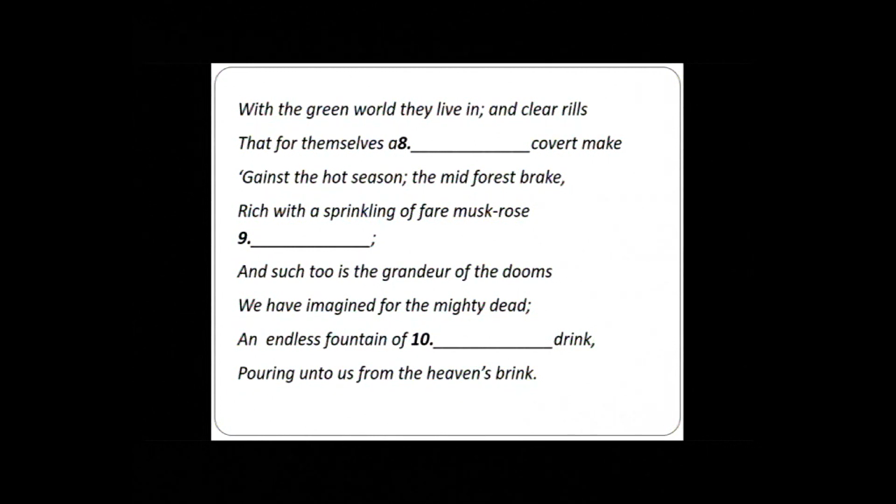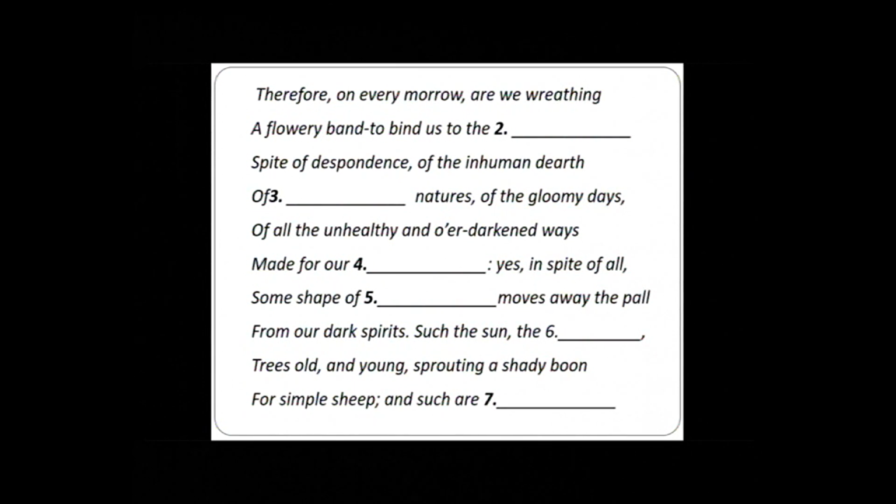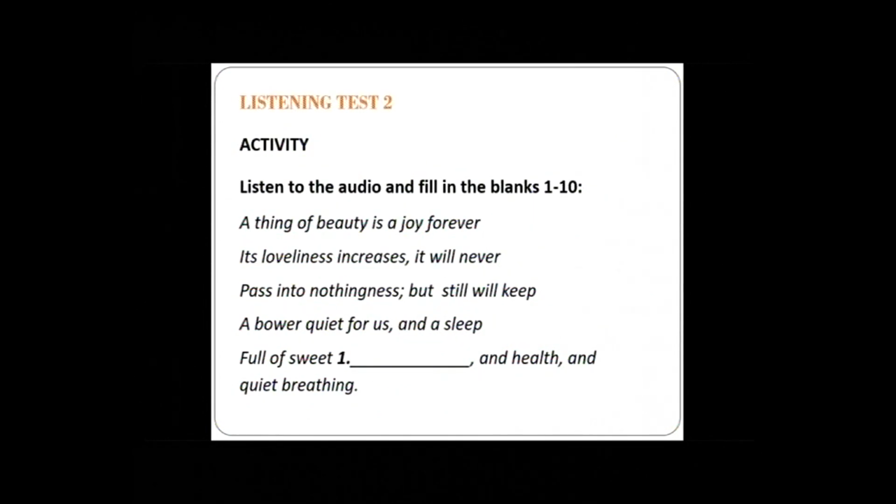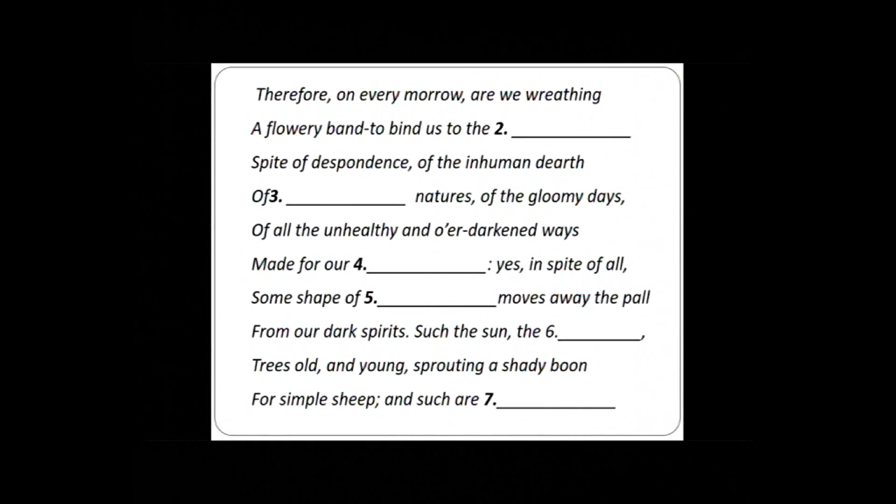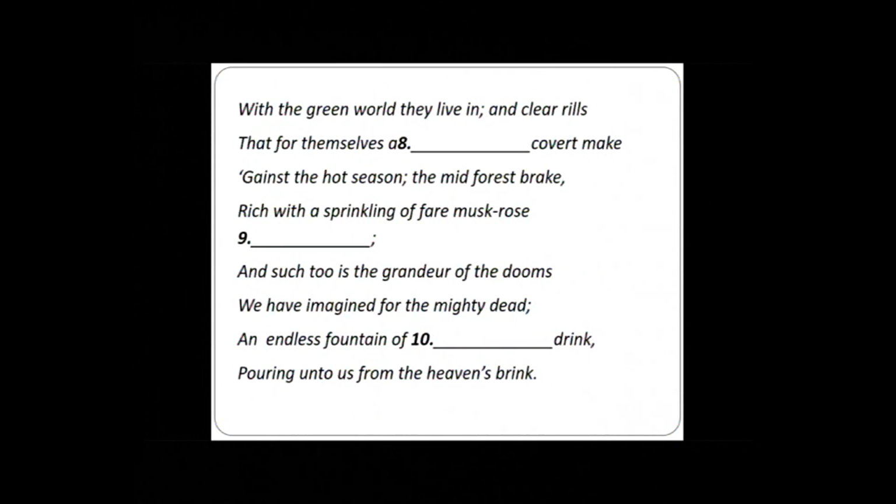This is the end of the audio. You can check your answers. If you have missed any, here you cannot guess and write because these are the exact words of the poem. So let's check the answers. The first, dreams. Second, earth.